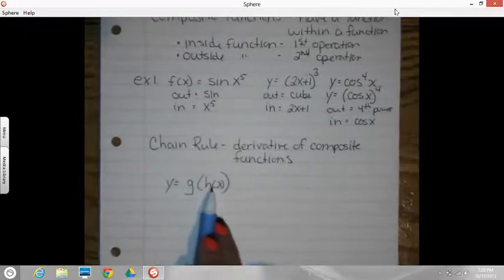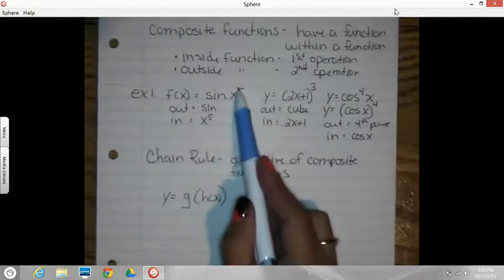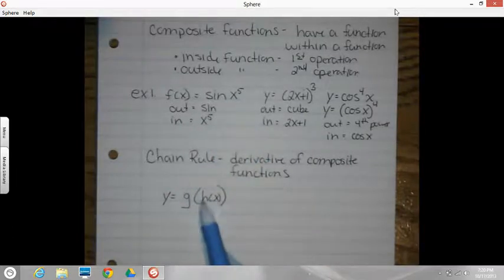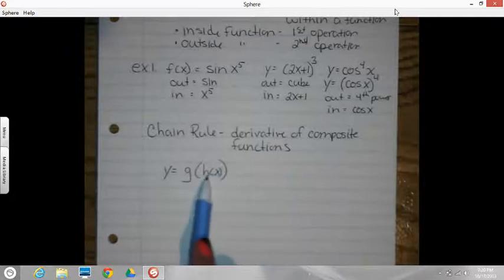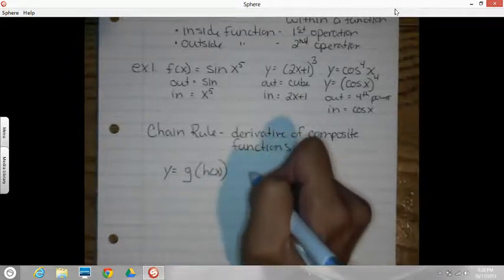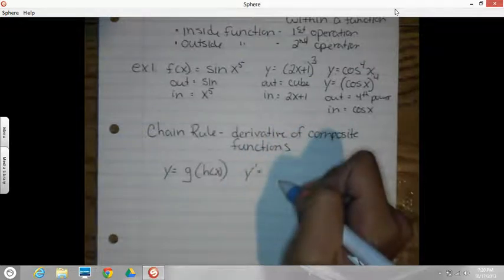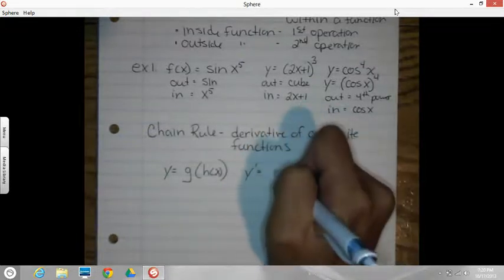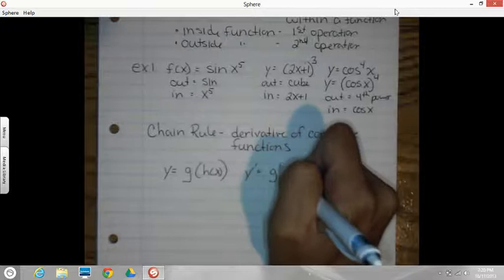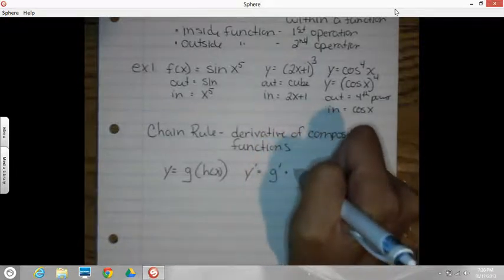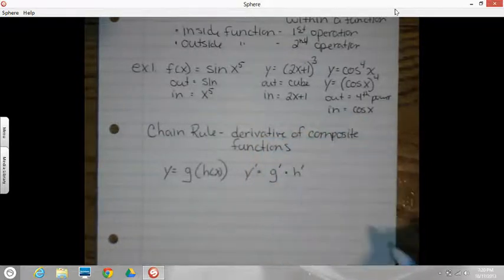So back here, like if I just point back, x to the 5th would be my h of x and the sine would be my g. But anyway, if you've got a function within a function, to do the derivative, start on the outside. So it would be the derivative of the outside multiplied by the derivative of the inside.